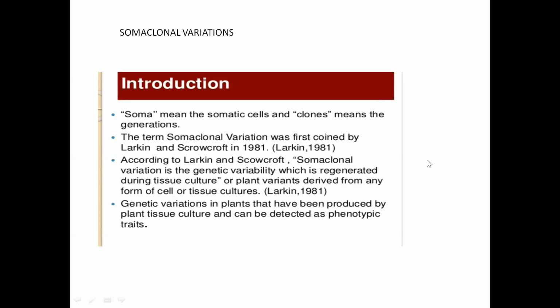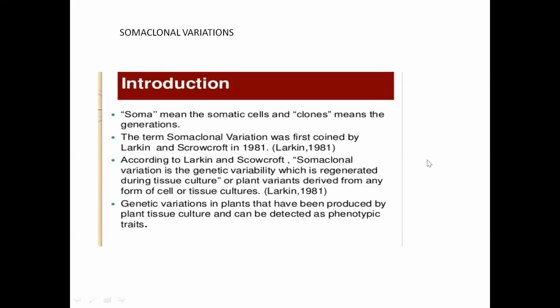So whatever traits, whatever desirable characters the scientists are going to induce or infuse in the tissue cultured plants, it has to be heritably passed on to the seeds for the next harvest. Otherwise, it's of no use.